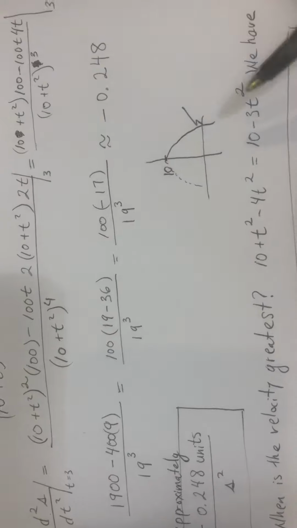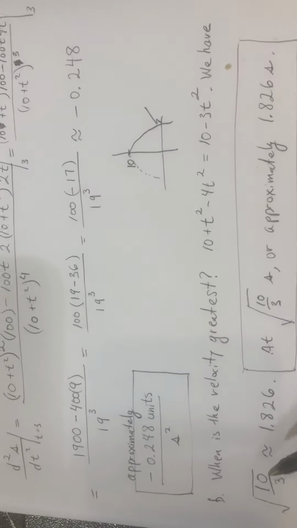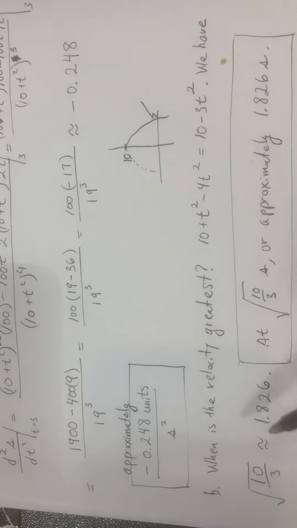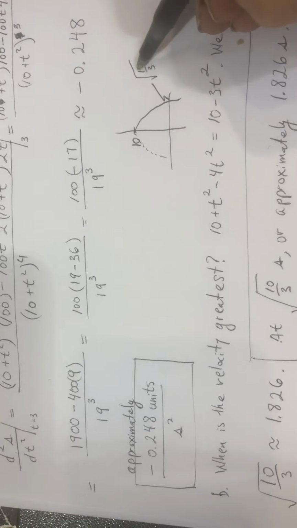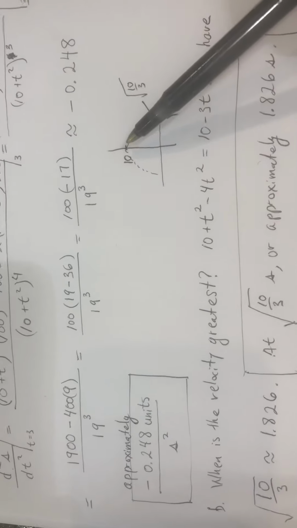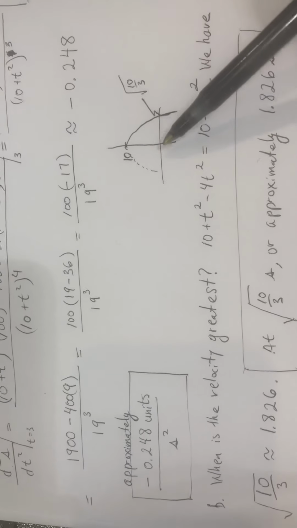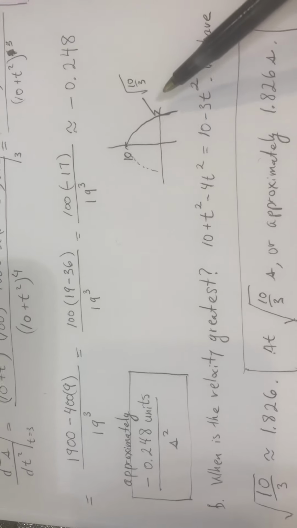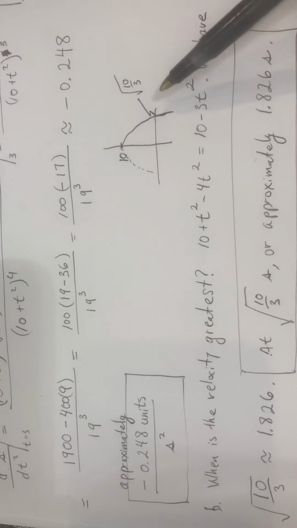What's this point? Well, if we equate this to 0, then this point has the x-coordinate root 10 over 3, right? So acceleration is positive in this interval of time and negative in this interval of time. That means velocity is increasing in this interval of time and then decreasing in this interval of time.